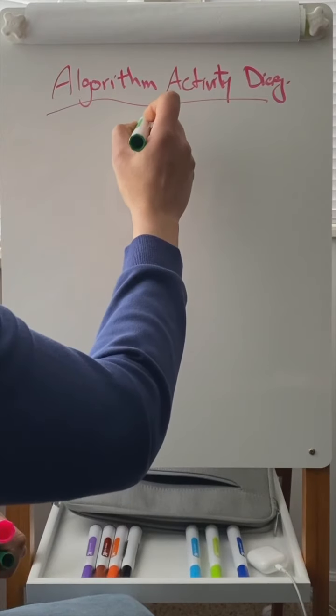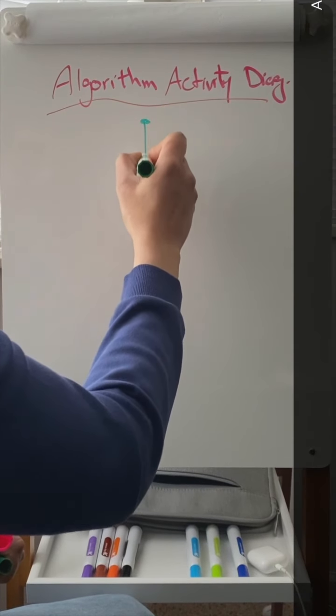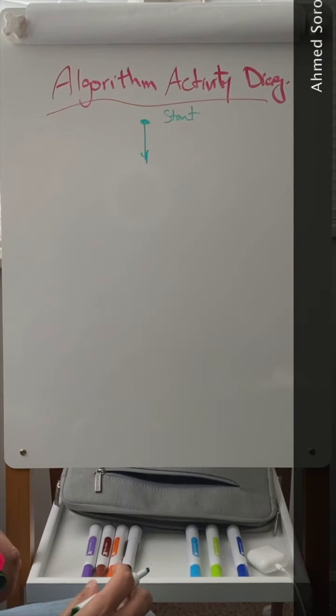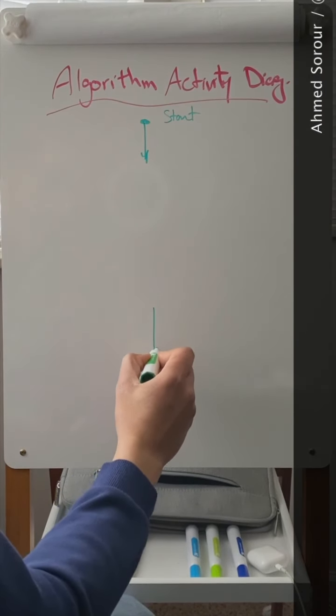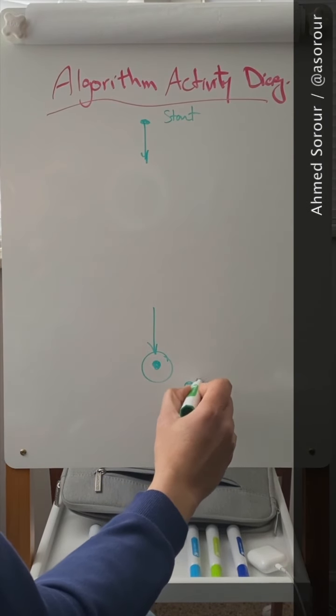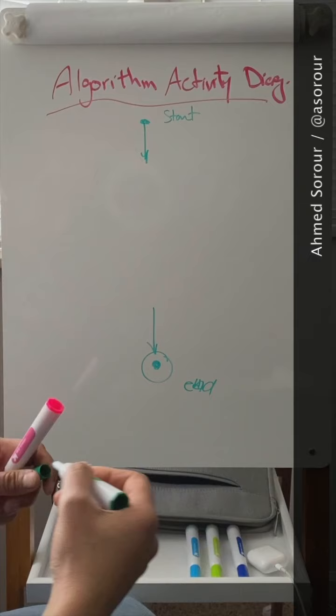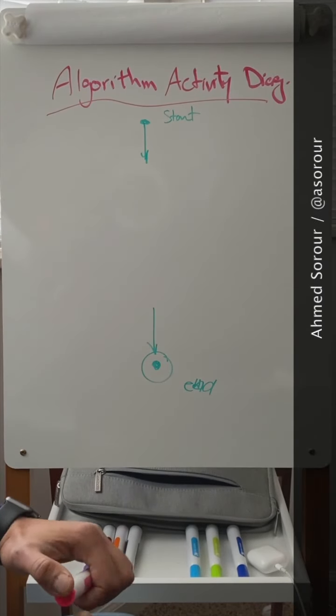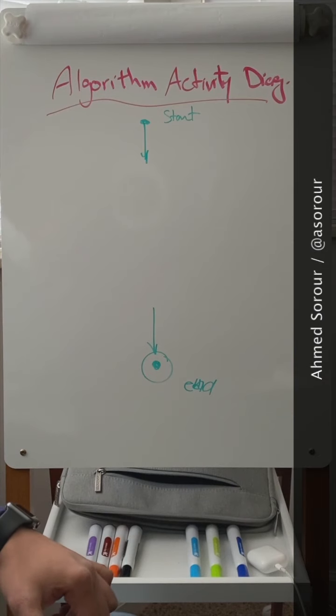I'll try to color code a little bit. So this is the start, and this is the end. Again, UML notation, but just the minimal set we need for the purpose here.